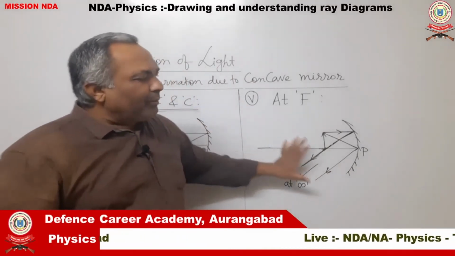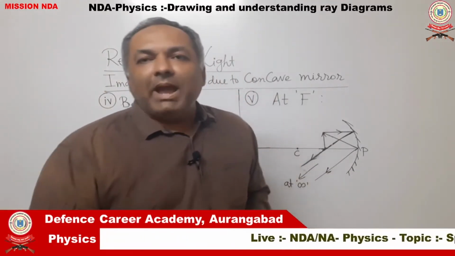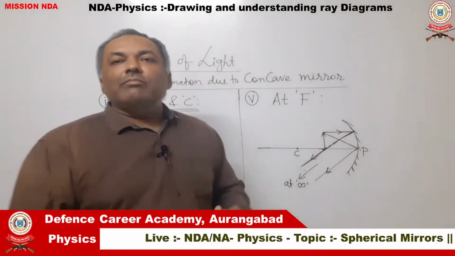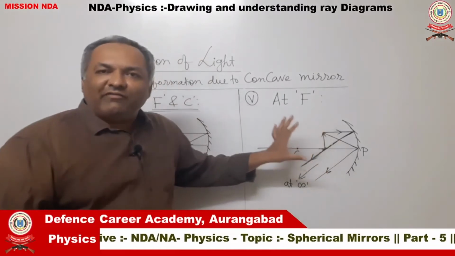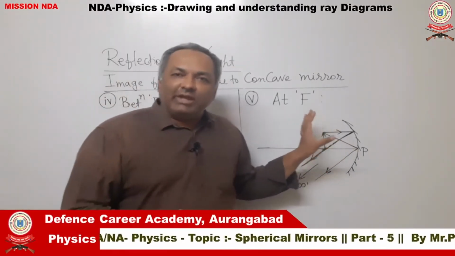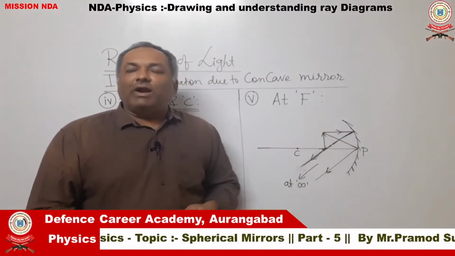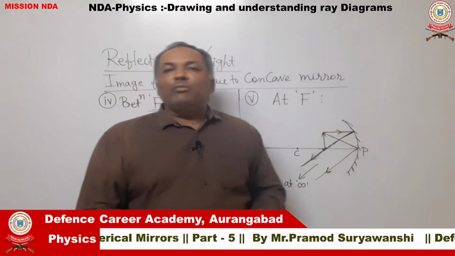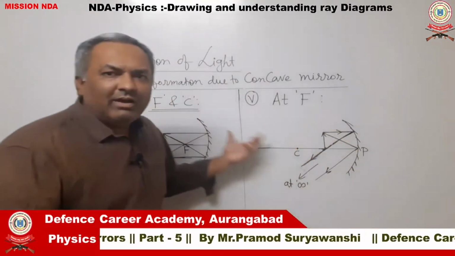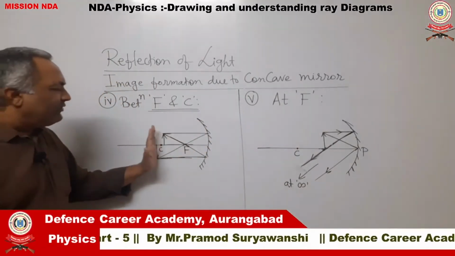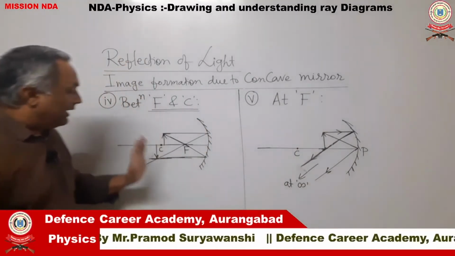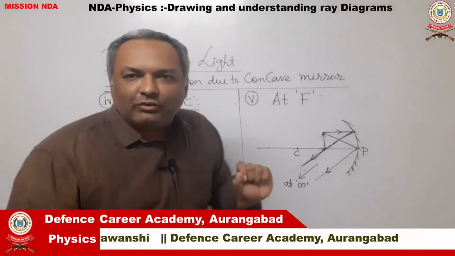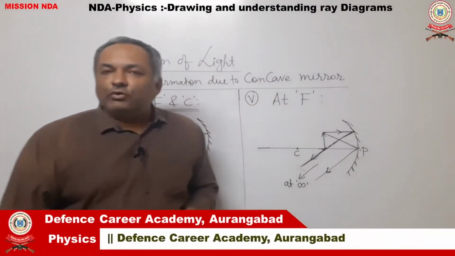Now, another important point here is that the magnification is going to be very high, very large in magnitude. Although we do not define the magnitude of magnification here, it's a matter of understanding that in this case, magnification is going to be very high. Why? Just now we saw, as we move the object towards the focus, the image moves away from the mirror, but the size of the image goes on increasing.